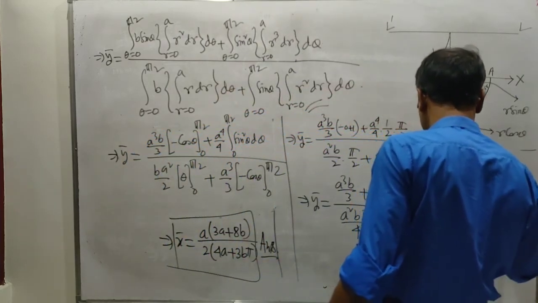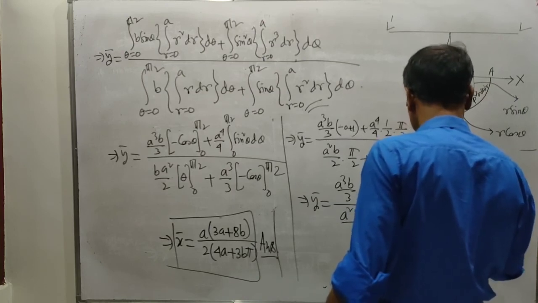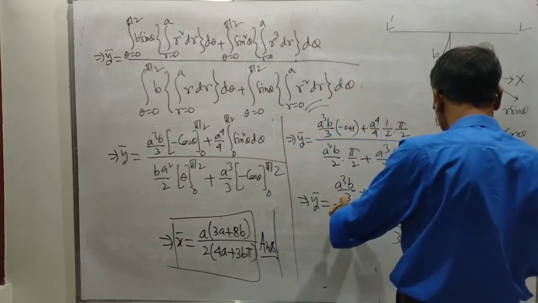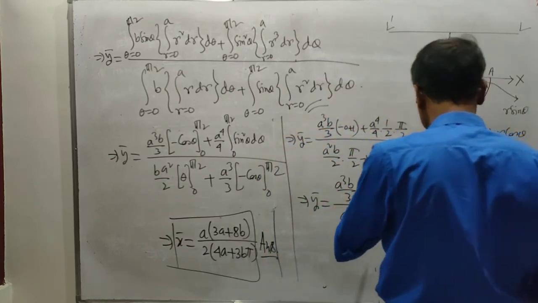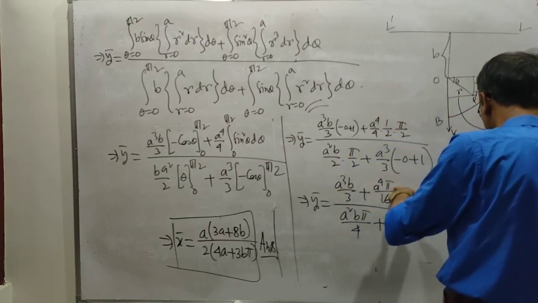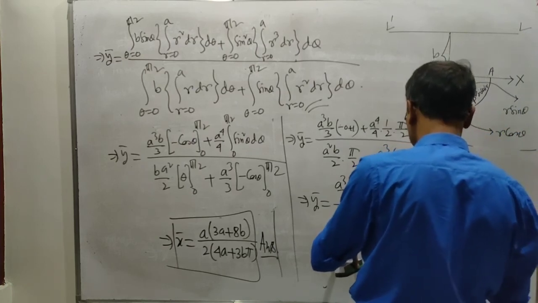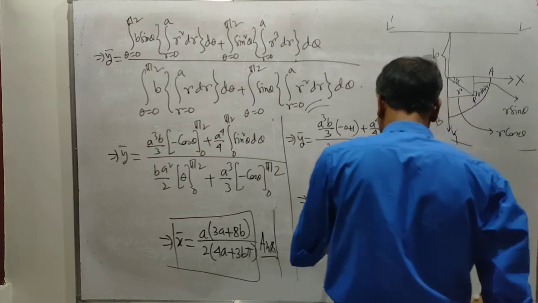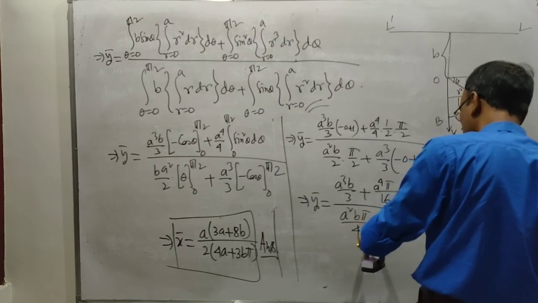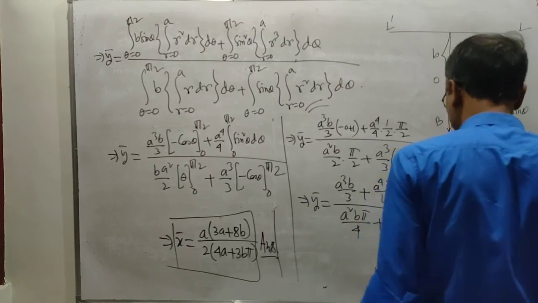You may write a cube by 48 among 16b plus thrice pi a, divided by, you may write here, 12 a square by 12 among thrice b pi plus a into 4a.